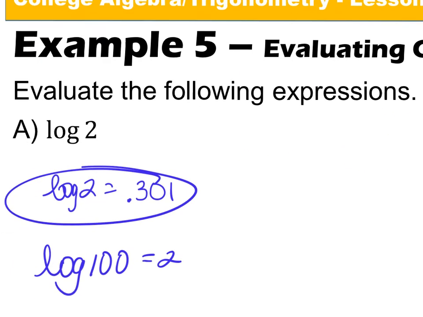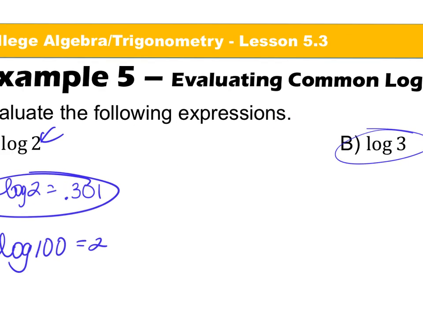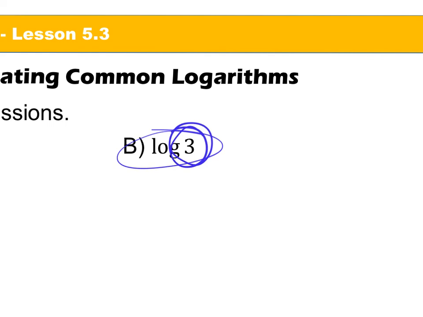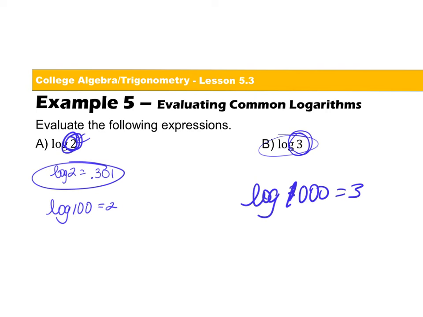If I used 2 here, how many do you think I'm going to use here? 3. Yeah, so that's all that they want you to do here. Log of 1,000 equals 3. Don't worry about evaluating. I'm not going to give you something like that, just to rewrite it.